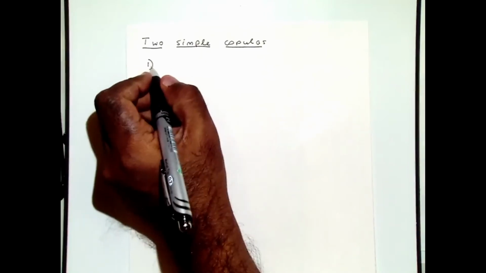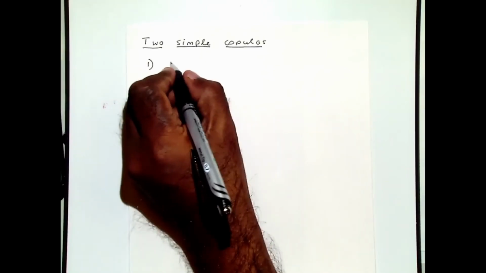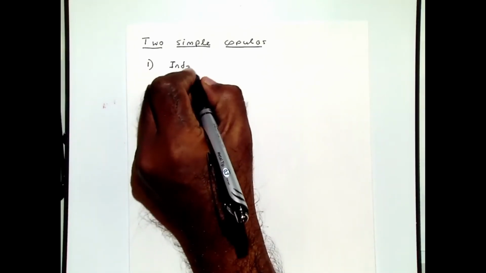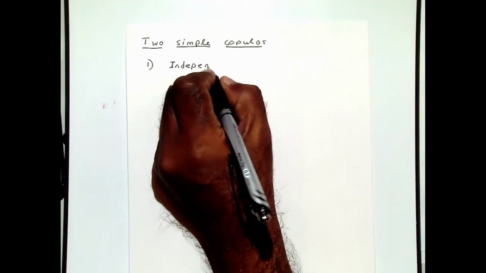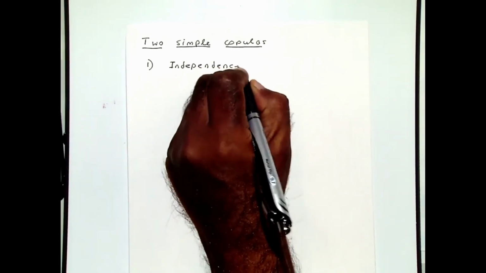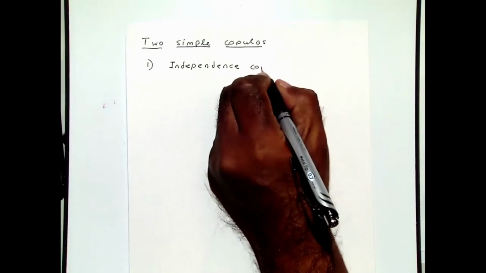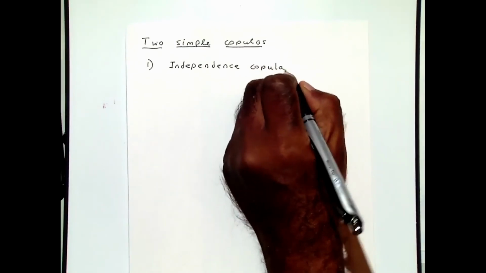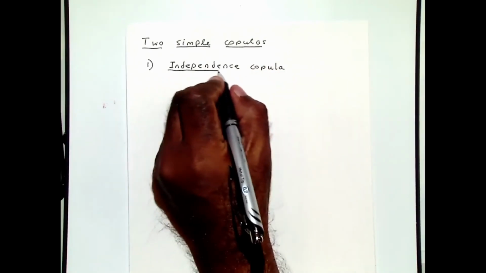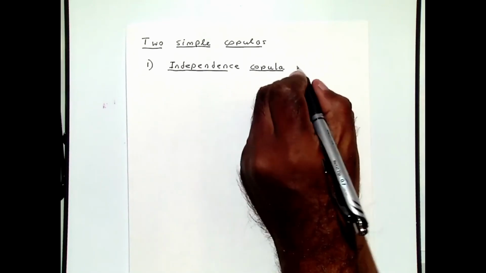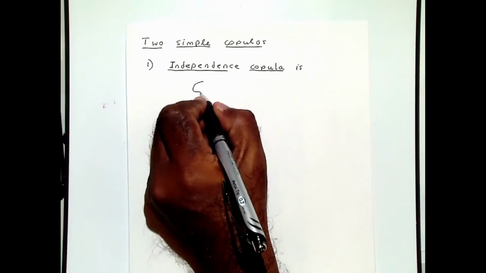Number 1 is known as the independence copula, and is defined as follows.